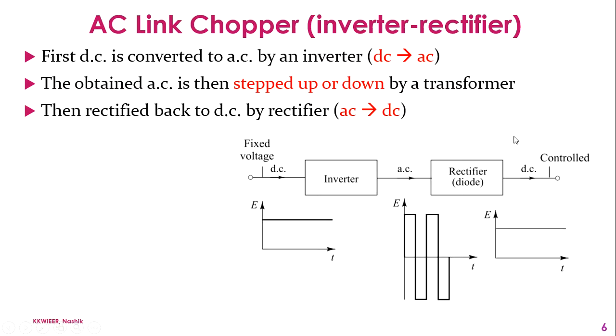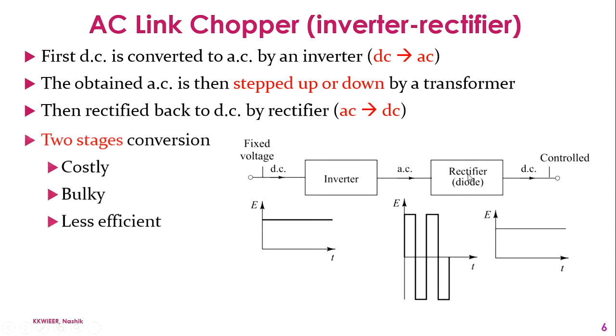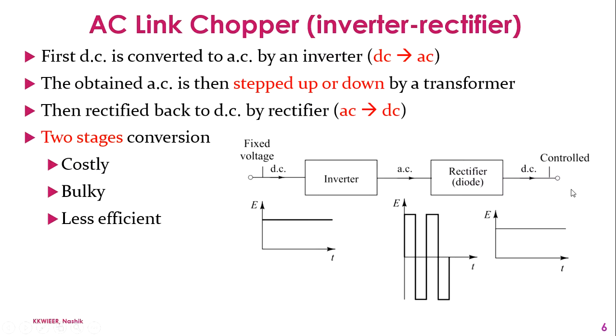Then it is rectified back to DC by using the rectifier. DC to DC conversion happens in 2 stages: first, using the inverter, DC to AC, and then the rectifier, AC to DC. Due to these 2 stages of conversion, this AC link chopper technique is costlier and bulky, and also less efficient.